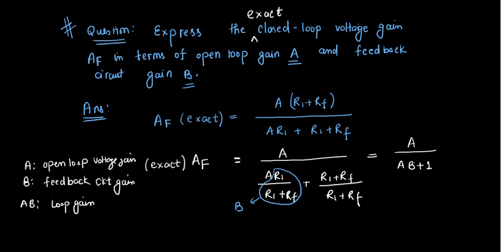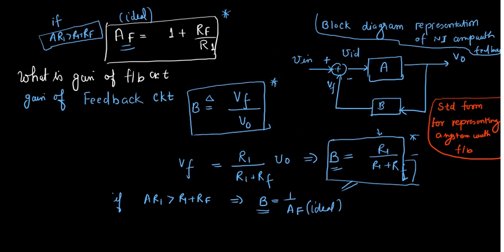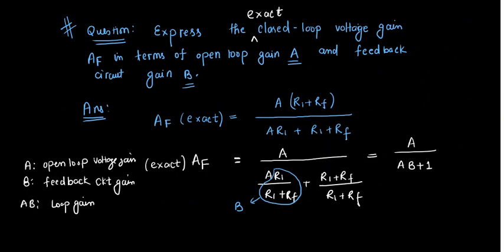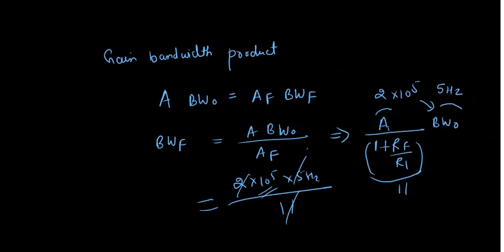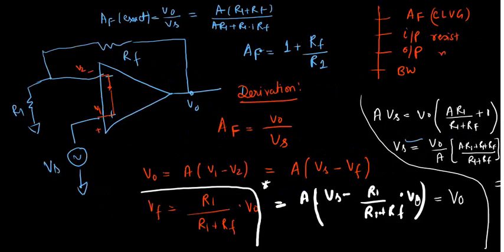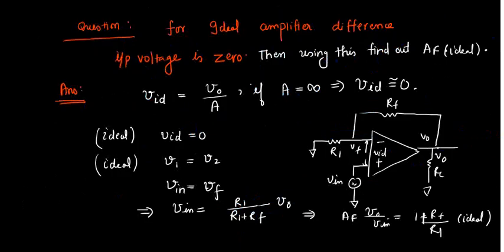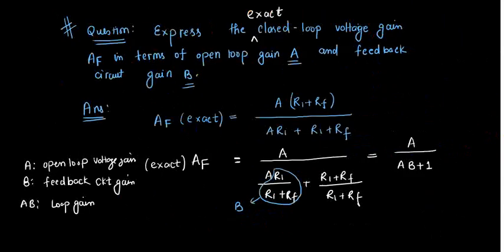So one might ask, what is the closed loop voltage gain AF in terms of A and B. Ideal conditions we have seen, but what about exact? AF exact, if you remember, is A(R1 plus RF) divided by (A R1 plus R1 plus RF). We have derived this here. This is equation number 1. AF exact is given to us from 1.